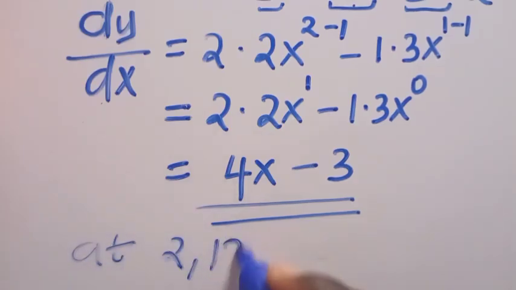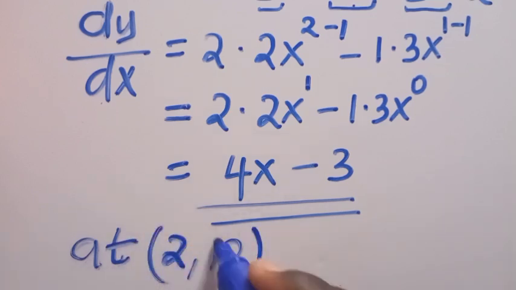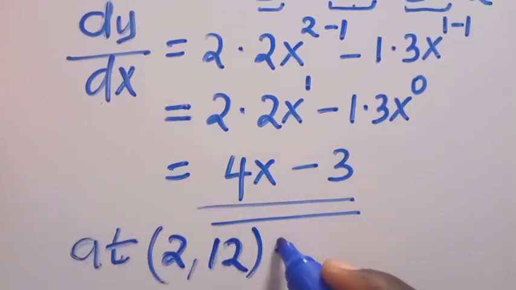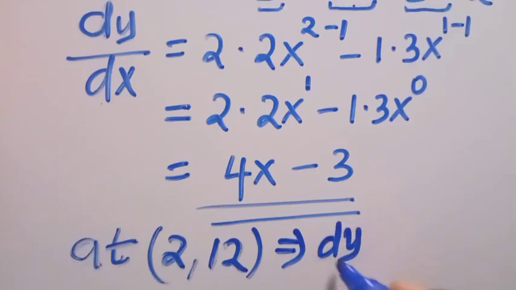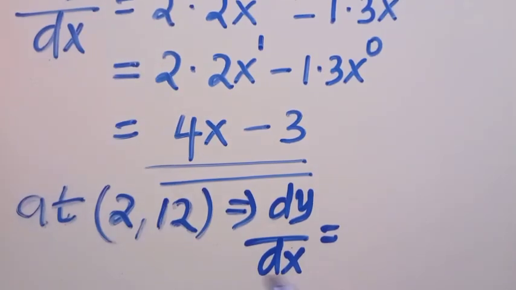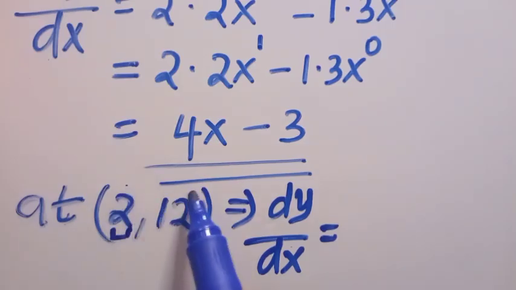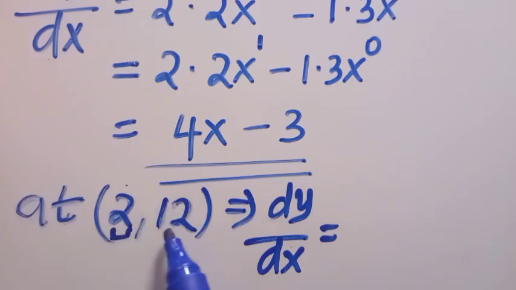At the point (2, 12), dy over dx will now be, we have the value of x as 2 at this point because the coordinate is always in the form of x, y. Therefore, x is 2 and y is 12.